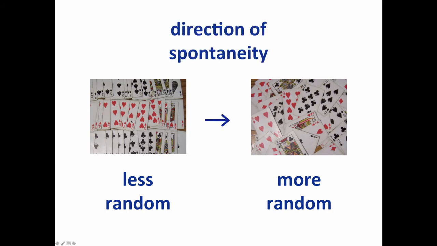But when you use the playing cards, you shuffle them, you play games, they get out of order. And so we go from a less random to a more random structure of our set of playing cards as we use them. And that is, of course, the direction that things spontaneously will take.